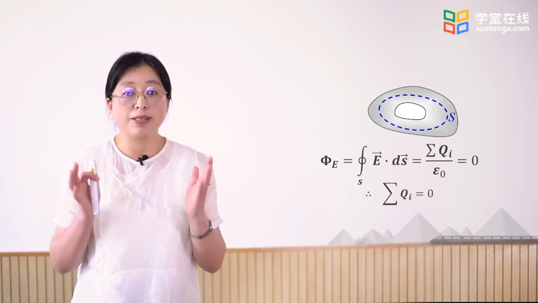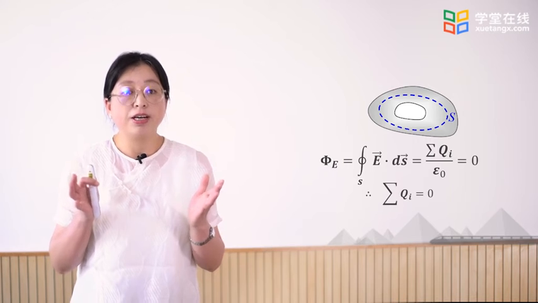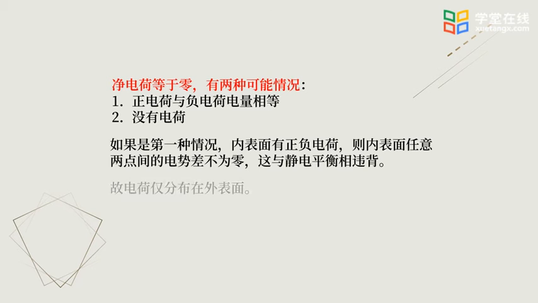Assuming the charge resides on the inner surface, we choose a surface as our Gaussian surface inside the conducting shell, as drawn by the dashed blue line in the figure. By applying Gauss's law, the flux through this surface is zero, and hence the net charge on the inner surface must be zero. This suggests the magnitude of the positive charges is equivalent to that of the negative charges.